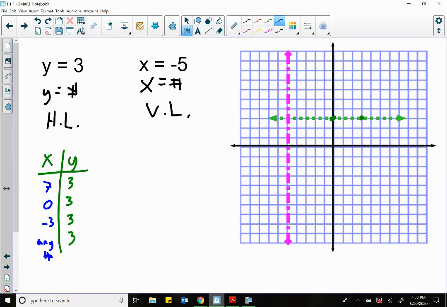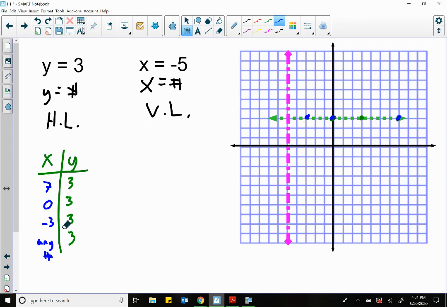So if I go and plot that information, 7, 3, 0, 3, -3, 3. What kind of line would I make if I connect all those? Horizontal.